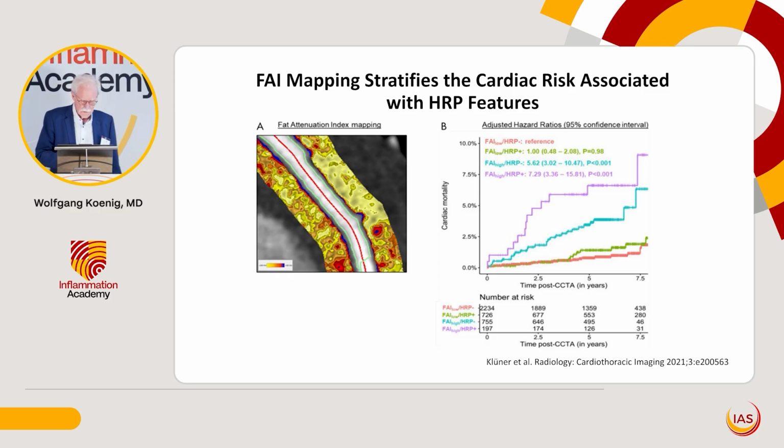And if you look at the top right, you can see the different curves. And if you look at the purple one, which separates most clearly, these are patients with a high fat attenuation index plus a high-risk plaque phenotype, and that's a 7-fold increased risk compared to those who don't have either of these two phenotypes. I think that was the last one.